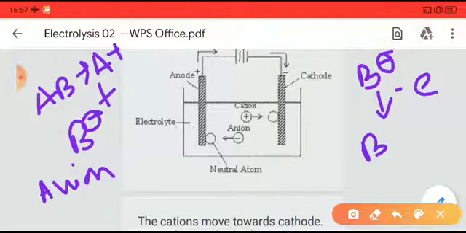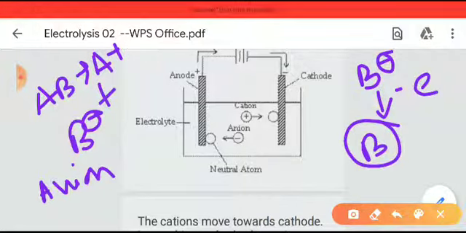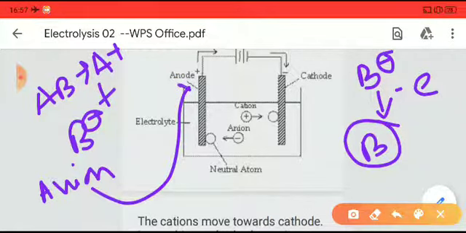By losing the electron it will become neutral. Since the anion is negatively charged, it will go to the positively charged electrode, that is the anode. We know the anode is positive, so the anion will move to the anode.